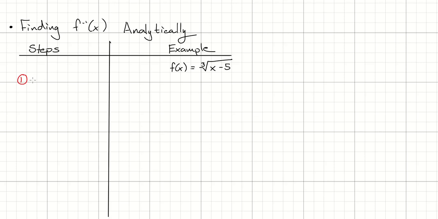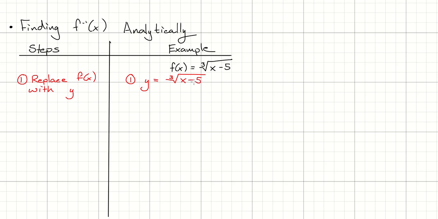Right off the bat, replace f of x with y. Boom. Easy. So over here, same color, step 1, instead of this monstrosity, we get y is equal to the cube root of x minus 5.